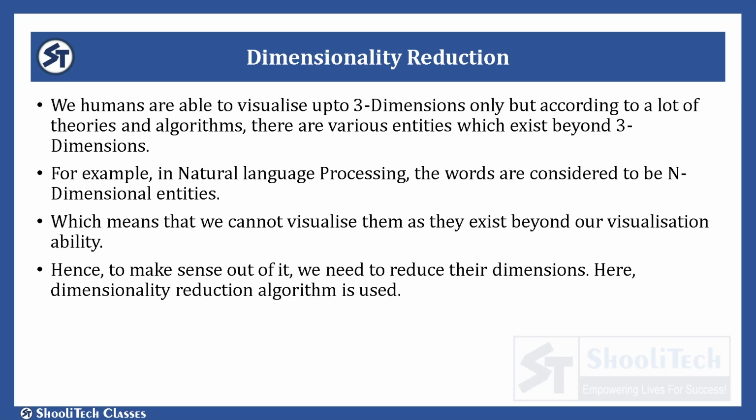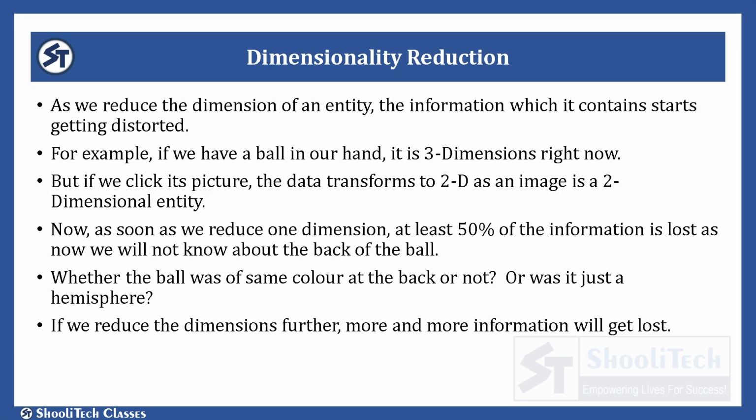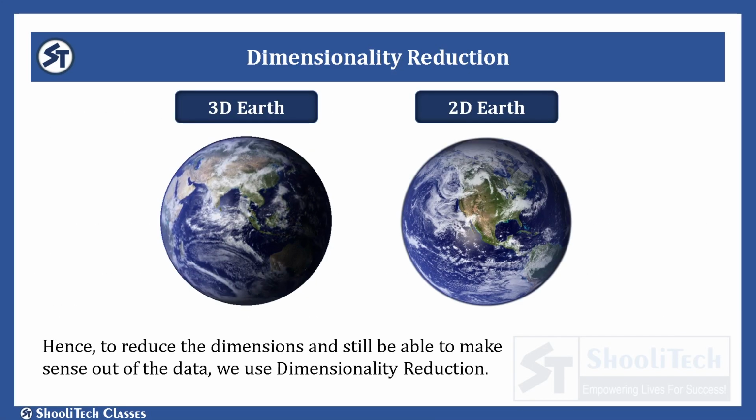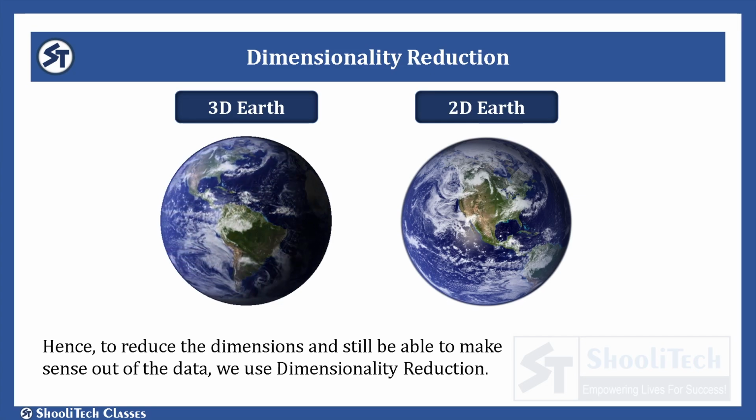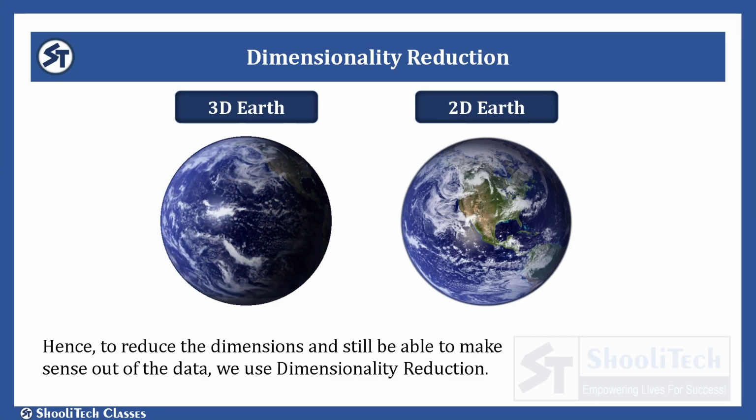A human being can work on 2 to 3 dimensions at the most. On the other hand, a machine can work on many dimensions at the same time. But to reduce the complexity of a large dataset, we reduce dimensions. And after a certain level, if we further reduce the dimensions, then there is a risk of losing important information also. For example, the earth is spherical in shape, meaning its actual shape is in 3 dimensions.